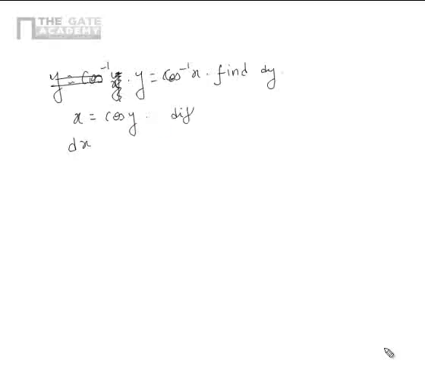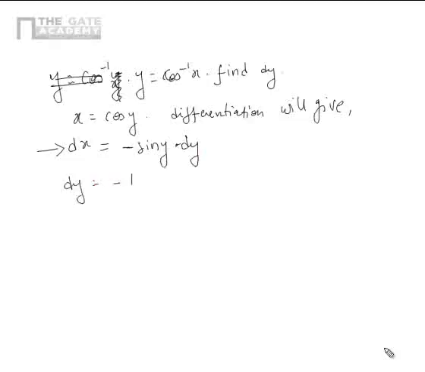Differentiation will give what? dx is equal to minus sin y dy, and dy is equal to minus 1 by sin y into dx.